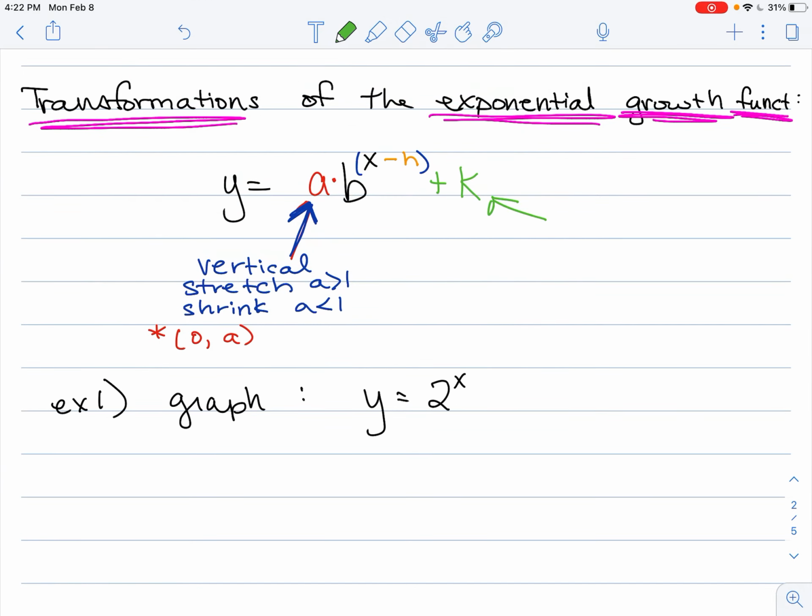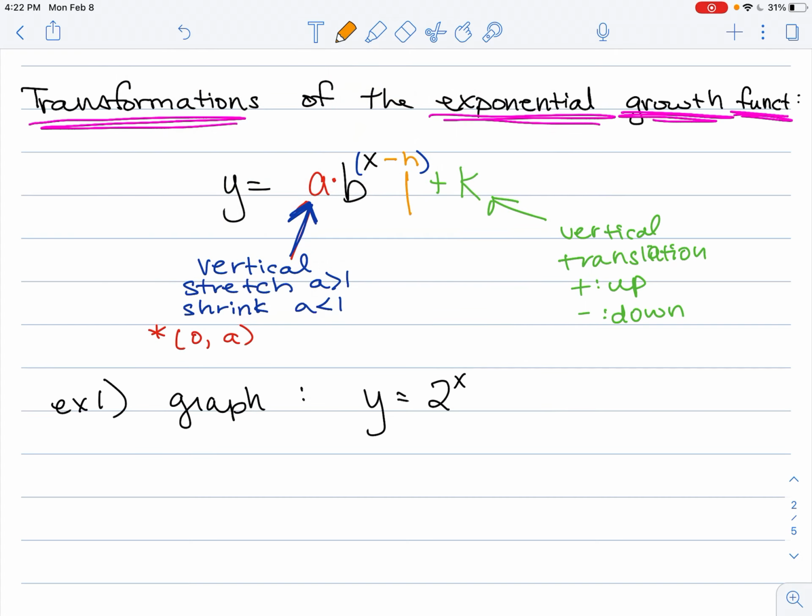Also, this outside here, because it's outside of the parentheses with x, is a vertical translation or slide. If it's positive, it's up. If it's negative, it's down.